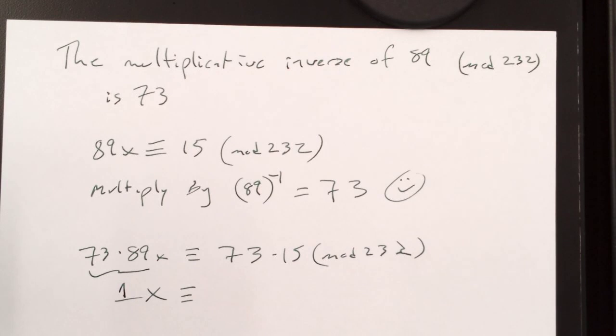What's 73 times 15? But I want to do this mod 232. So divide by 232 and give me the remainder.